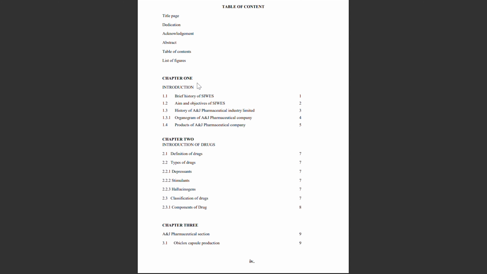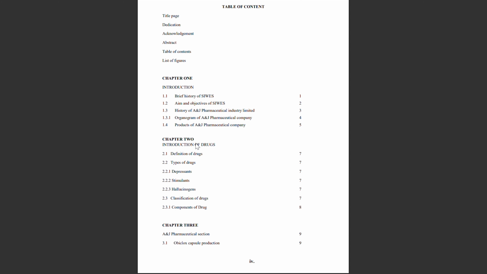How are the bodies, where are the individuals, and which branch do they stay to perform their operations. So every standard company has what we call organogram. So you draw your company's organogram, identify where you served, and then you look at the product or materials manufactured in that company. That should be your chapter 1.